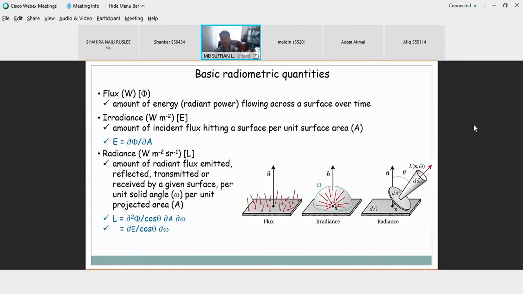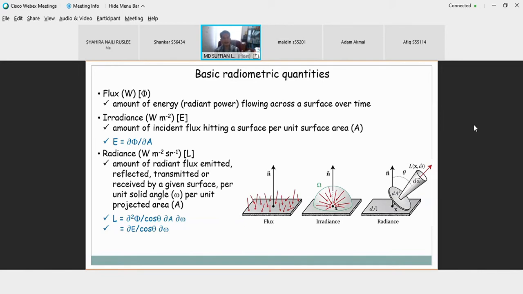So E radiance ataupun simbol dia E, unit watts per meter. And then we have radiance, unit is watts per meter square per steradian. Dia ada tambahan steradian. And then the unit L.